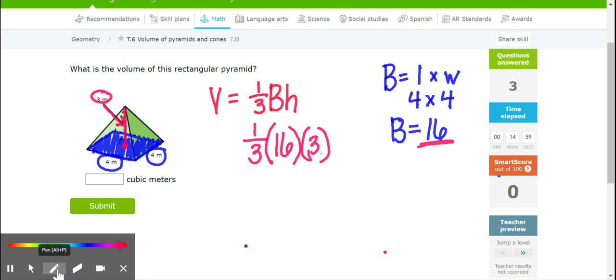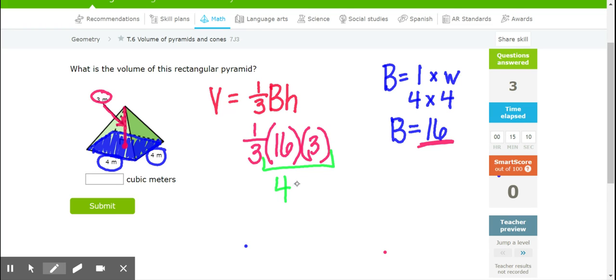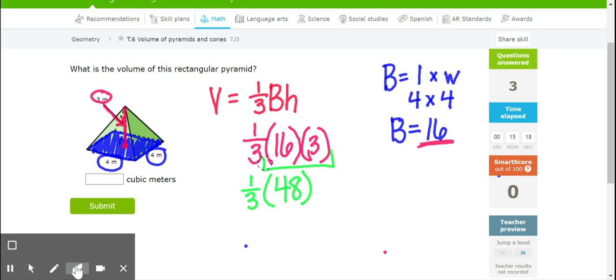Okay? Now in my calculator, I'm just going to type 16 times 3. That's all I want to know. 16 times 3 is 48. Okay? So then I would do 48 times 1/3. Now, when you multiply something times 1/3, that is the exact same thing as dividing it by 3.